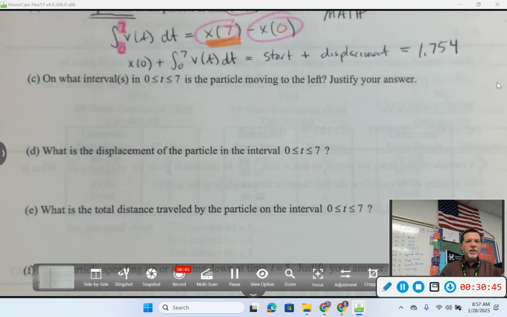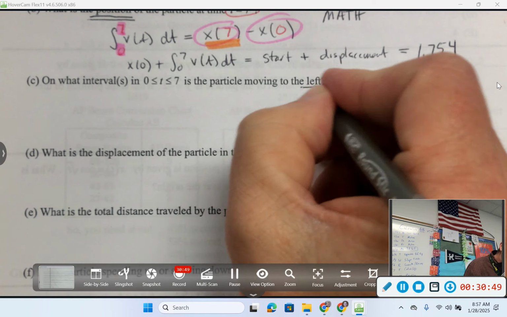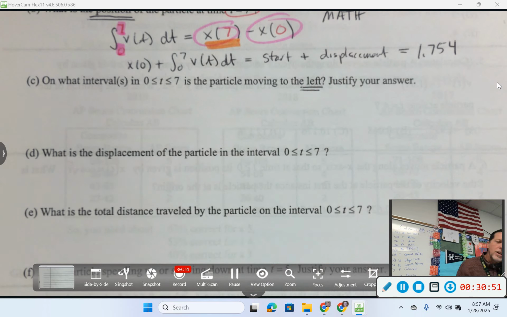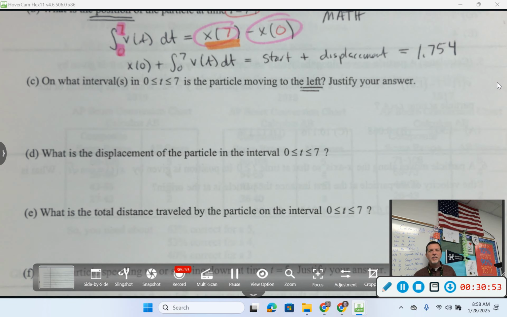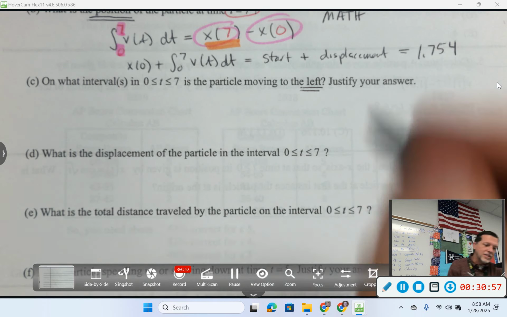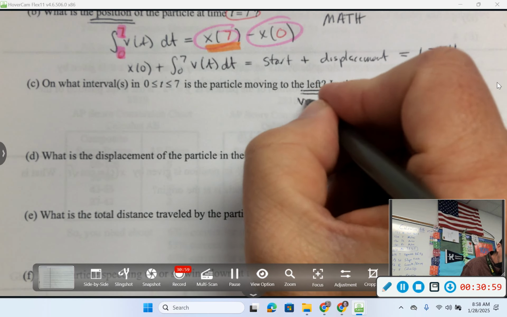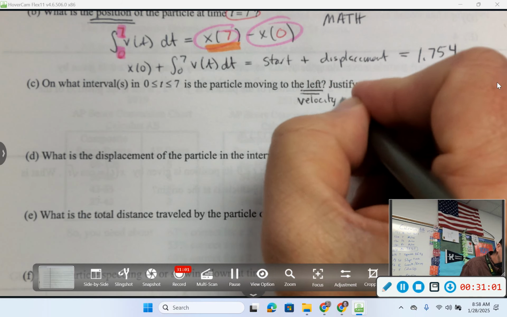Part C. On what interval is the particle moving to the left? So what would we be looking for if we're moving to the left? What's negative, though? Velocity is negative. In fact, there's our justify your answer. So velocity is negative.